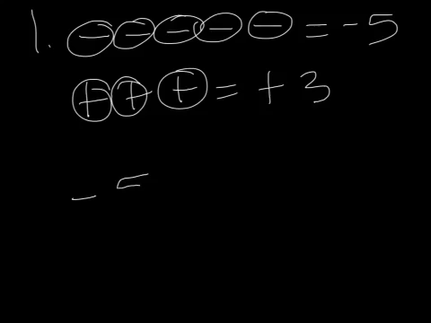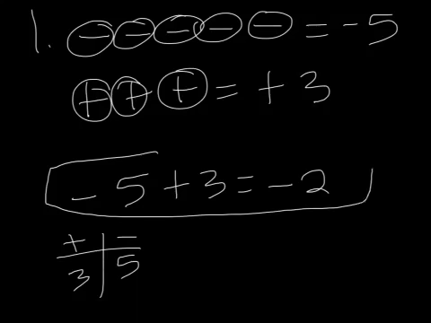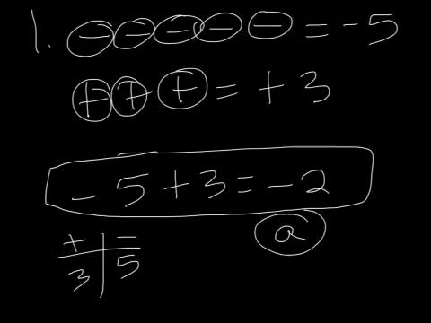So obviously you have -5 plus 3, and you had 4 answer choices. To figure out your answer, you can just do scoreboards, negatives and positives. The negatives are winning by 2. And if you look at your answer choices, the answer had to be letter A. Not hard.